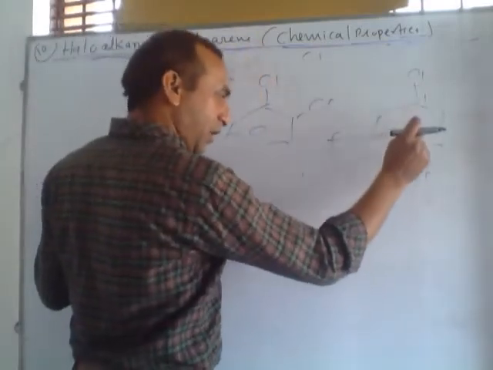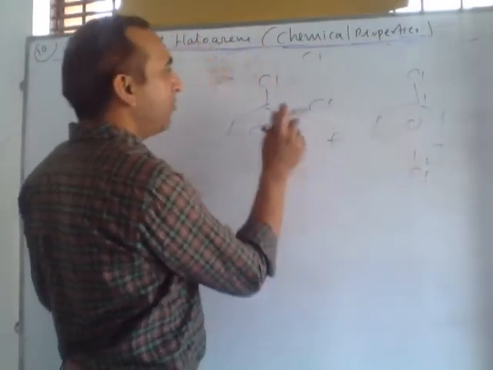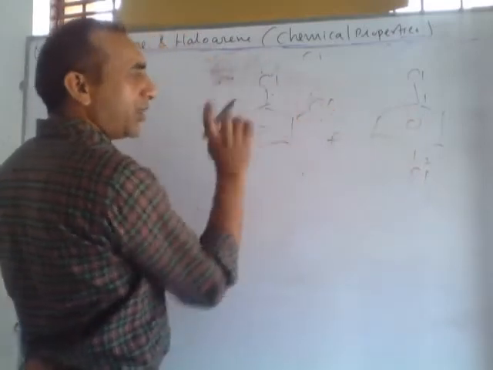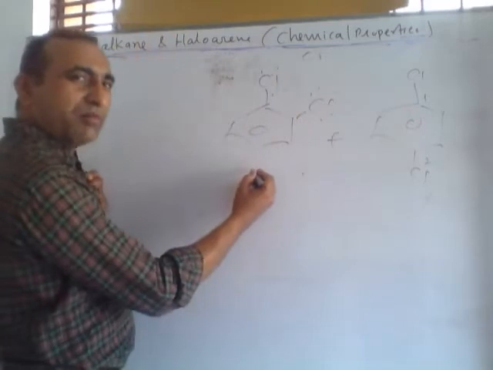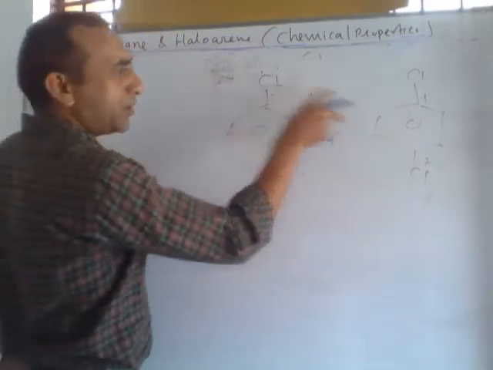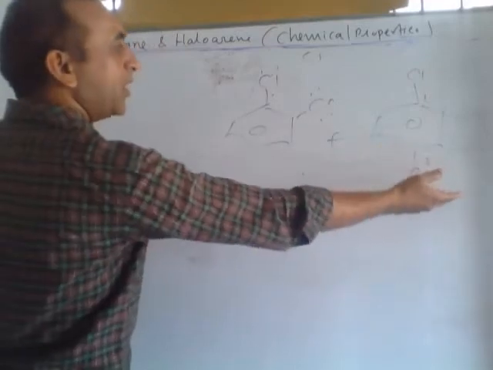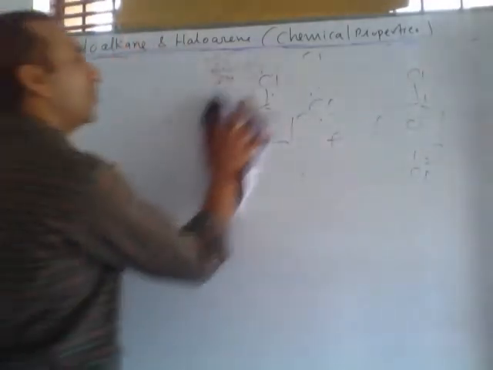So this is formed as the major product, but due to repulsion in the ortho case, it forms as a minor product. The distance between these two is large, so the major product is the para product. Para product forms in major quantity.